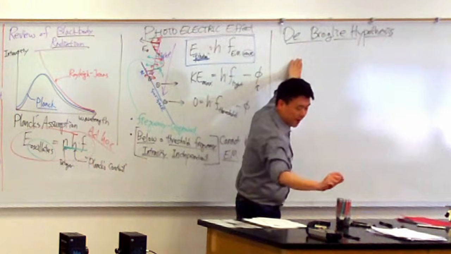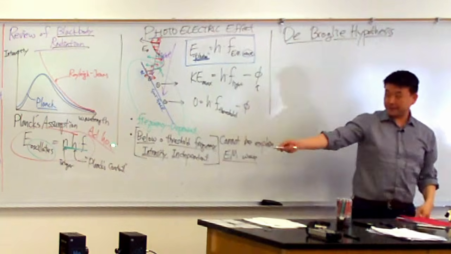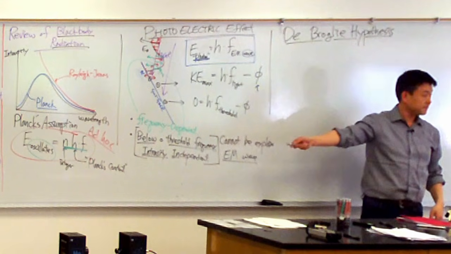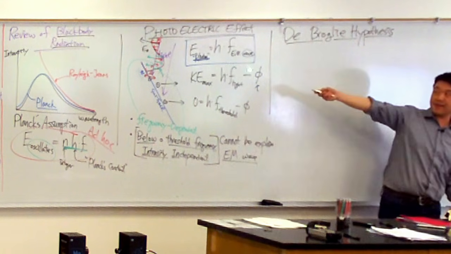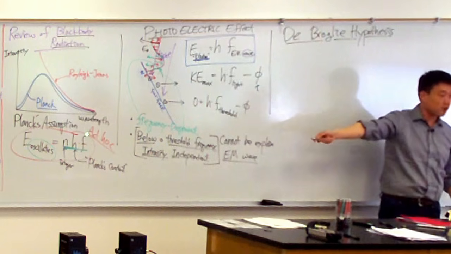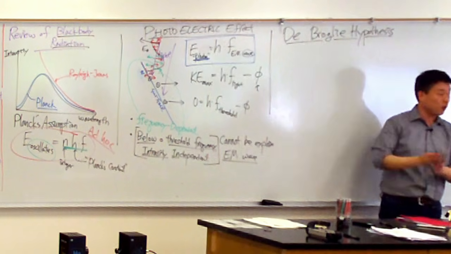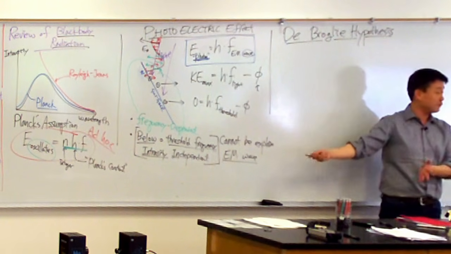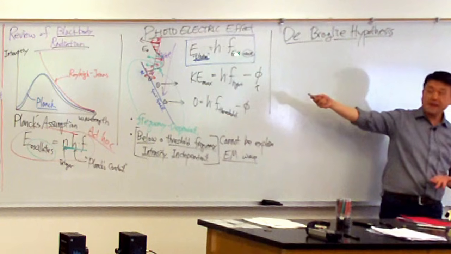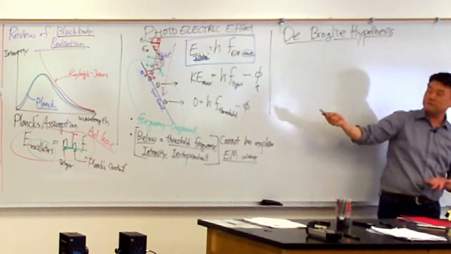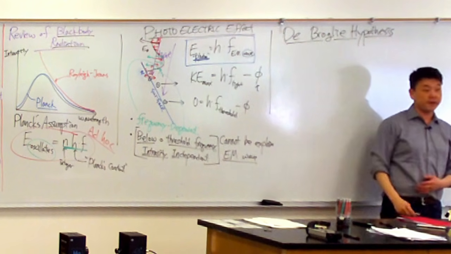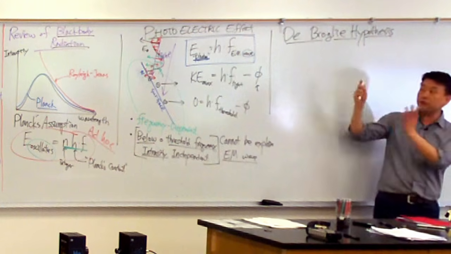He looked at what Planck did, assuming this. He looked at what Einstein did, taking this assumption and applying it even more broadly than Planck himself would have felt comfortable doing. And he looked at it and he thought Einstein didn't go far enough. He thought he should have gone farther.